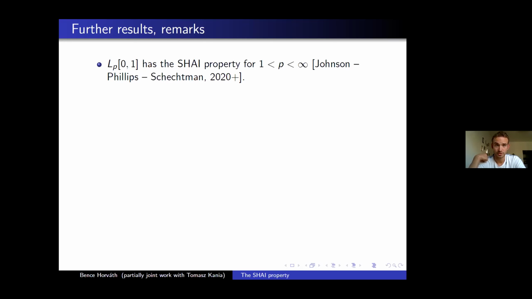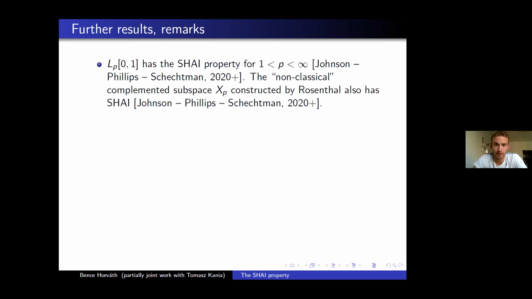To my knowledge, this preprint is not yet available or published, but the point is that when p is in the reflexive range, then the L^p spaces do have the Shy property. They also showed in this manuscript that some exotic complemented subspaces of L^p have the Shy property, the Rosenthal subspace, for example.